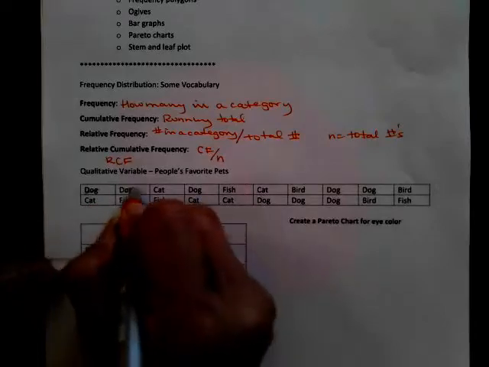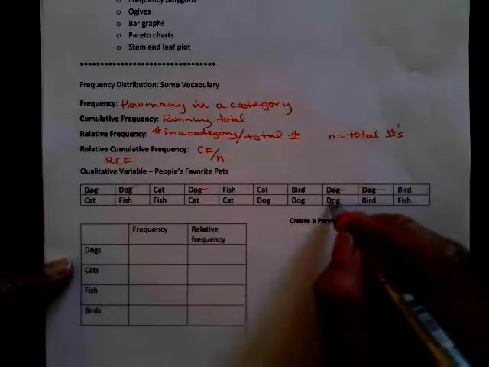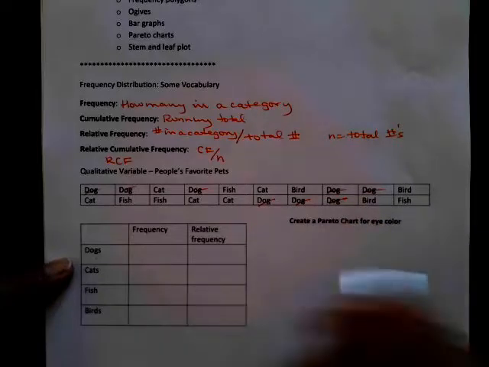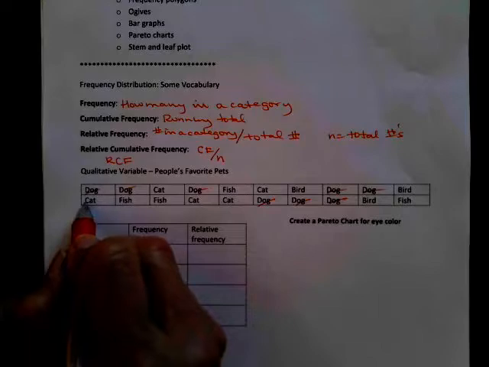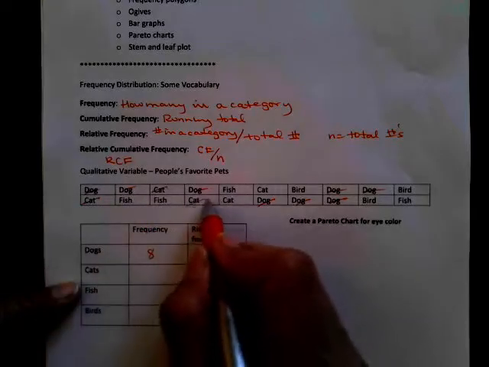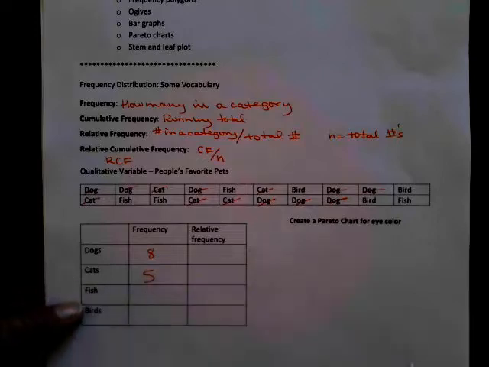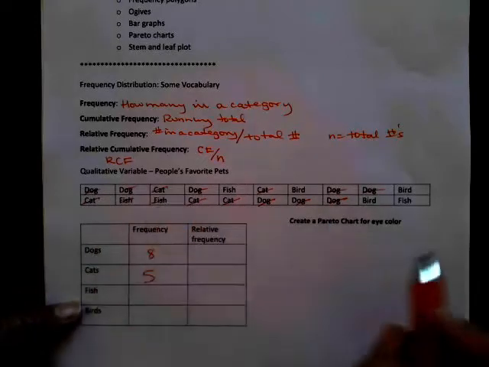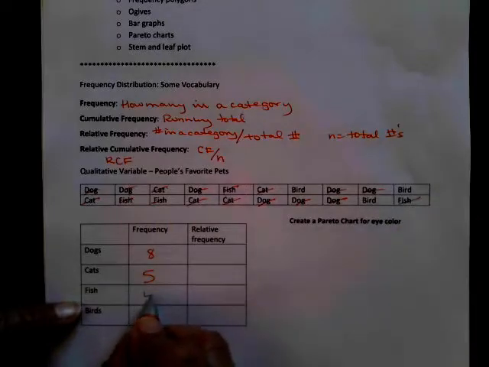Dog, let's see, we got 1, 2, 3, 4, 5, 6, 7, 8. 8 people prefer dogs. And for cats, I have 1, 2, 3, 4, 5. Fish, 1, 2, 3, 4 for fish.